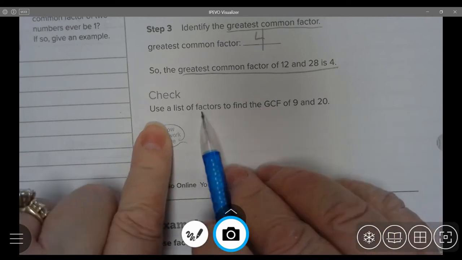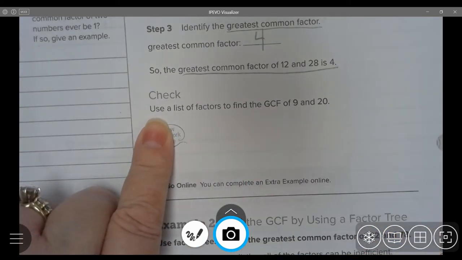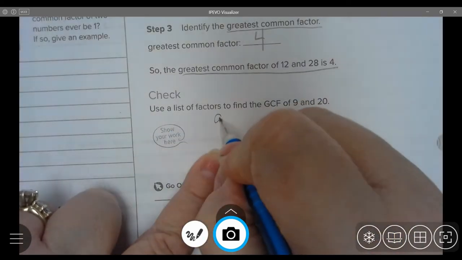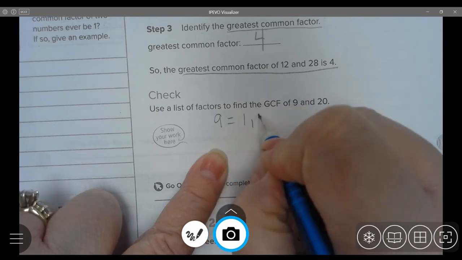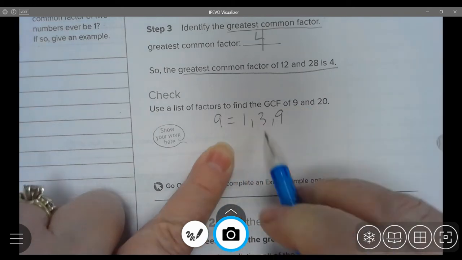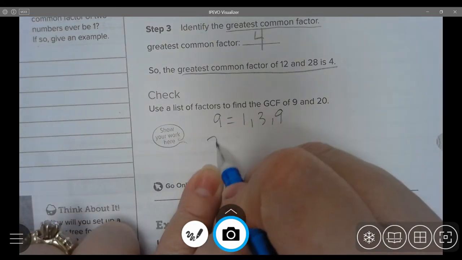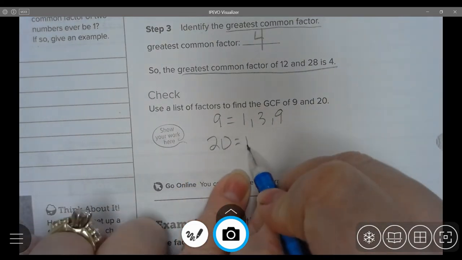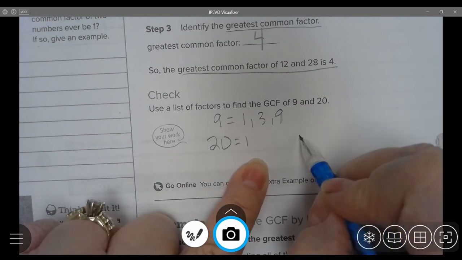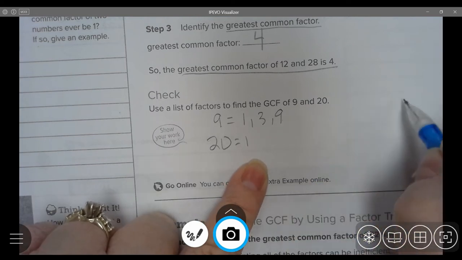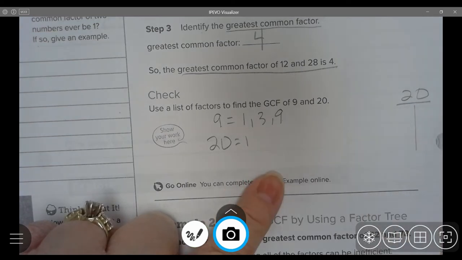Use a list of factors to find the greatest common factor of 9 and 20. So 9 would be 1, 3, 9. 1 times 9 is 9. 3 times 3 is 9. 20, 1 and 20. And this is where I like to do my T-chart.